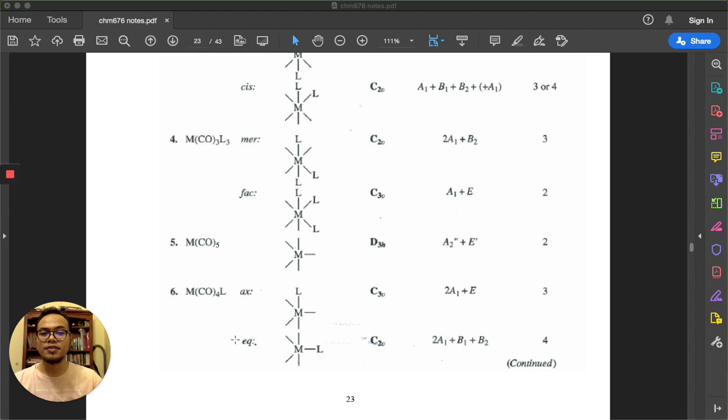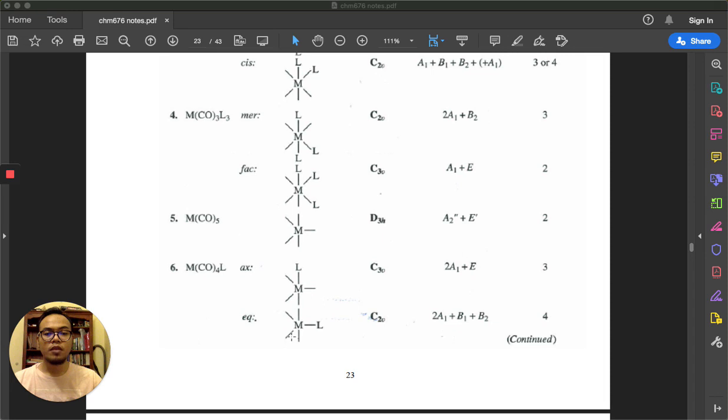This is your second task today. What do you understand by axial and equatorial? I'm sure since you are in your final semester, you have learned axial and equatorial in some other courses. Can you tell me what are mer and facial, and what would be axial and equatorial isomers?